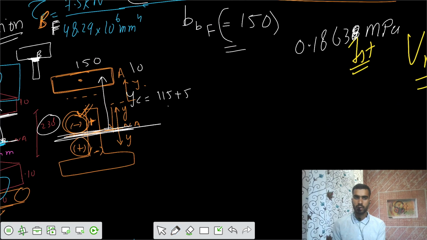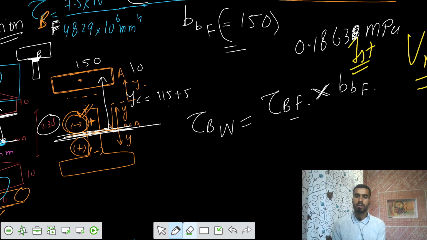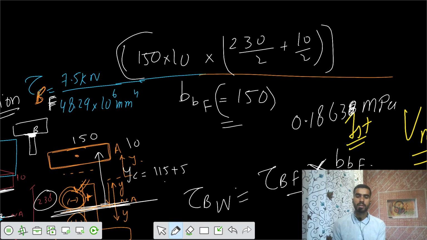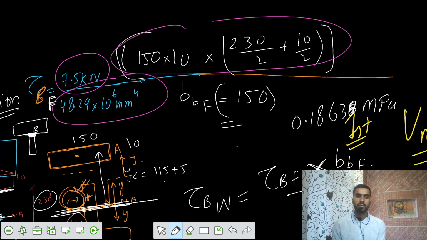And now if you want to find the shear stresses in the web, that would equal the shear stresses in the flange for the width of BBF, but I need it for the width of BBW. Other parameters are fixed at point B, because only your width changes at the junction.